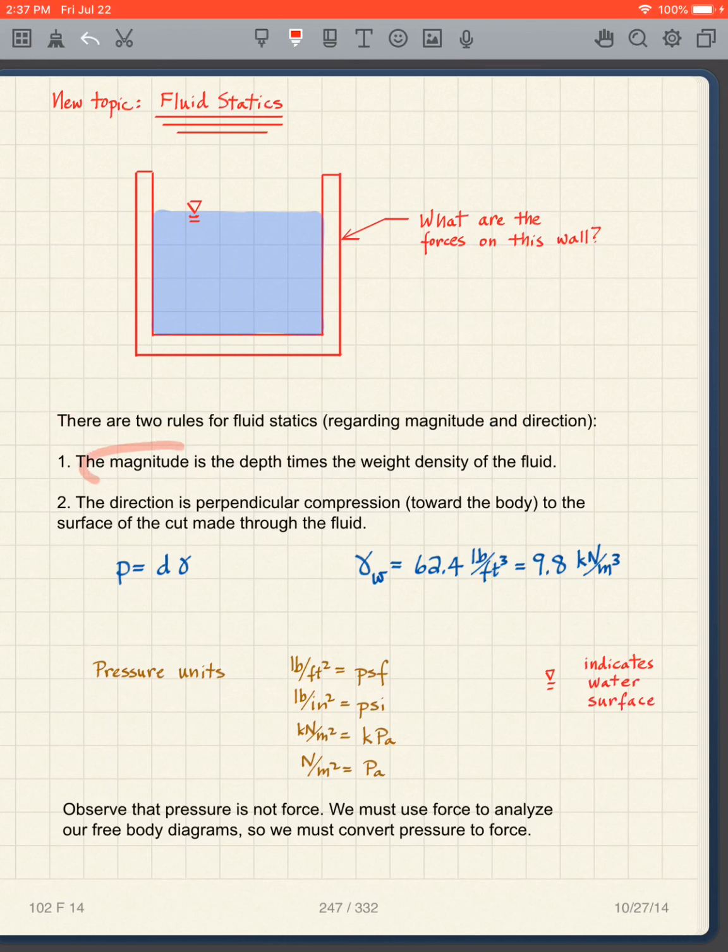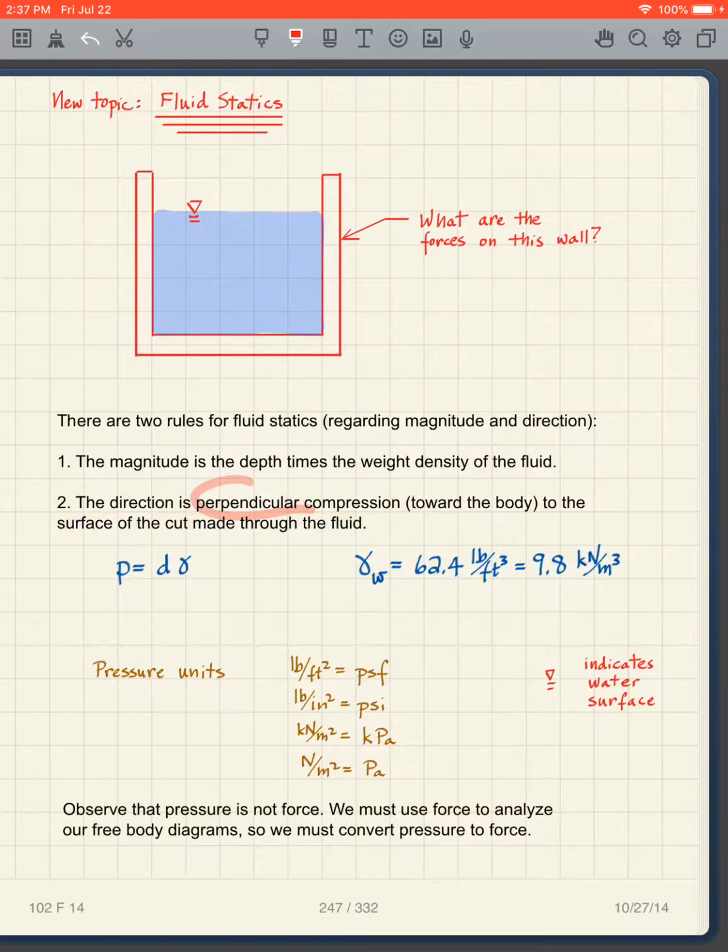So the magnitude is the depth times the weight density of the fluid, and the direction is perpendicular compression toward the body. In other words, like we've always been talking about, compression is toward the body to the surface of cut made through the fluid.